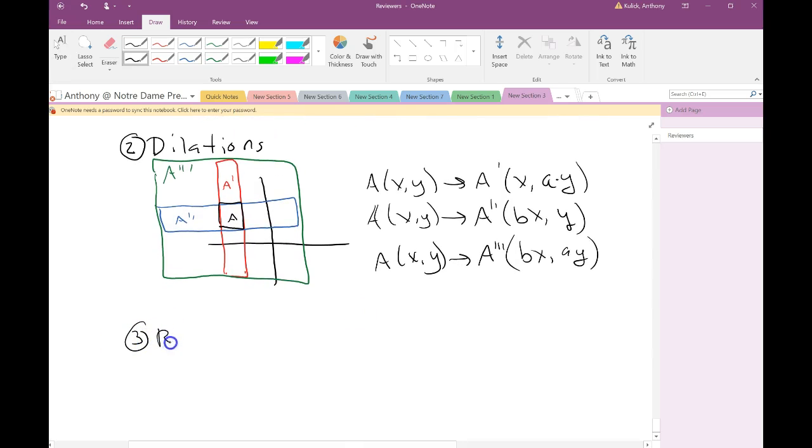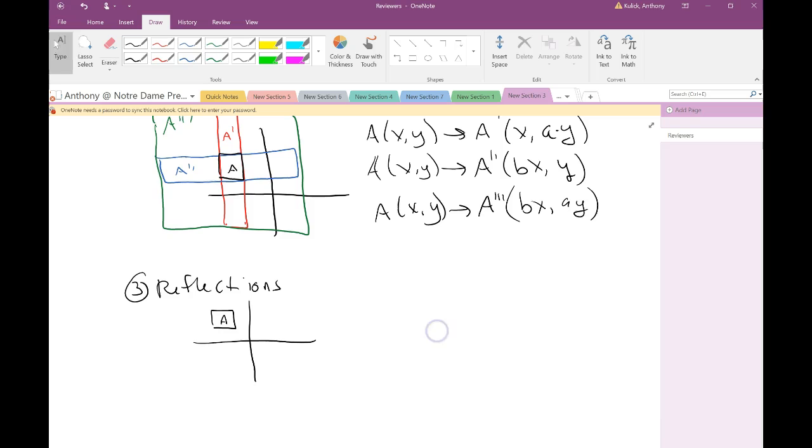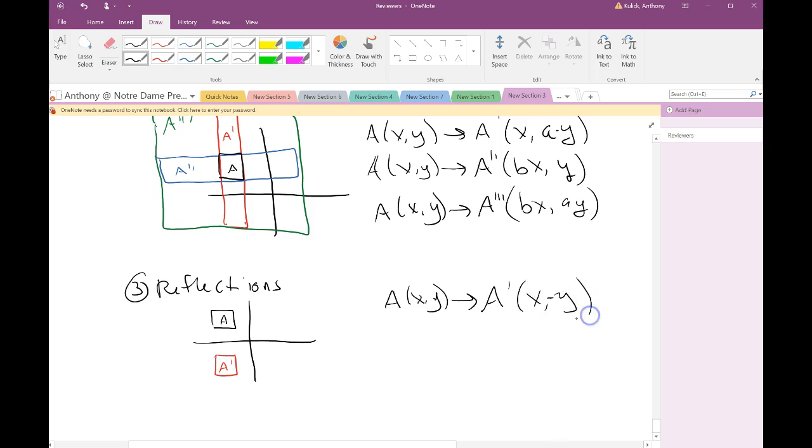The third type of transformation you talked about were reflections. So one type of reflection that you talked about were across the x-axis. So if I'm flipping it across the x-axis like that, the x-coordinates are staying the same, but the y-coordinates are changing their sign, right?